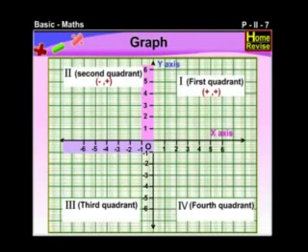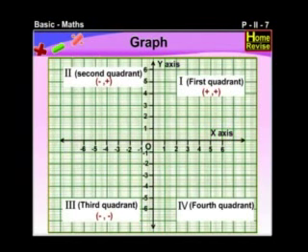The sign of the third quadrant is minus minus, that is, both are minus. The sign of the x-axis is negative and the sign of the y-axis is also negative.